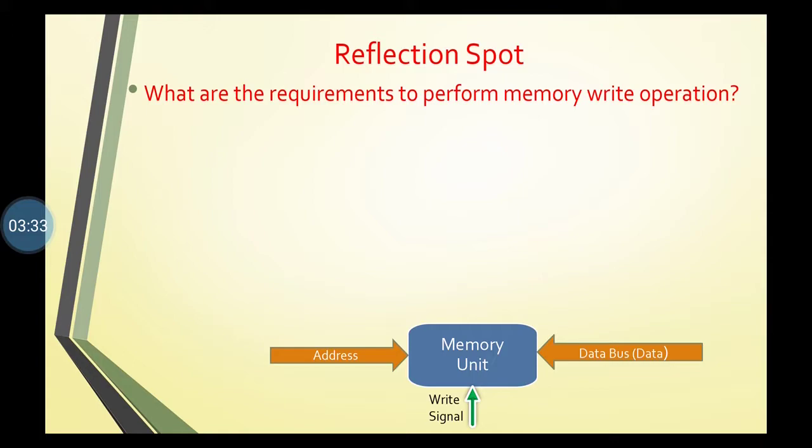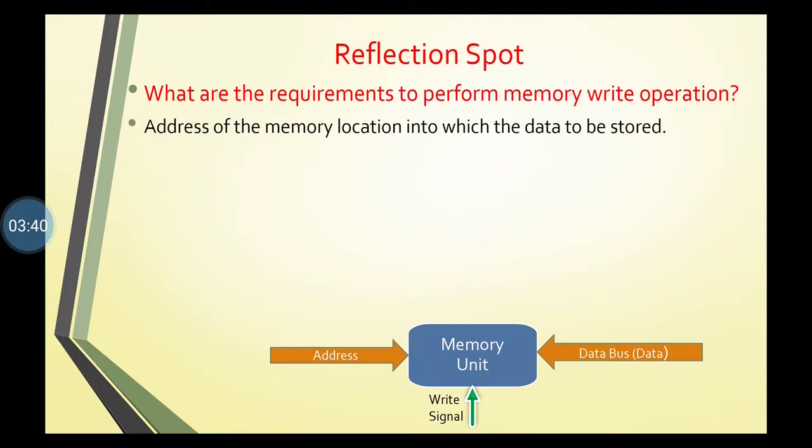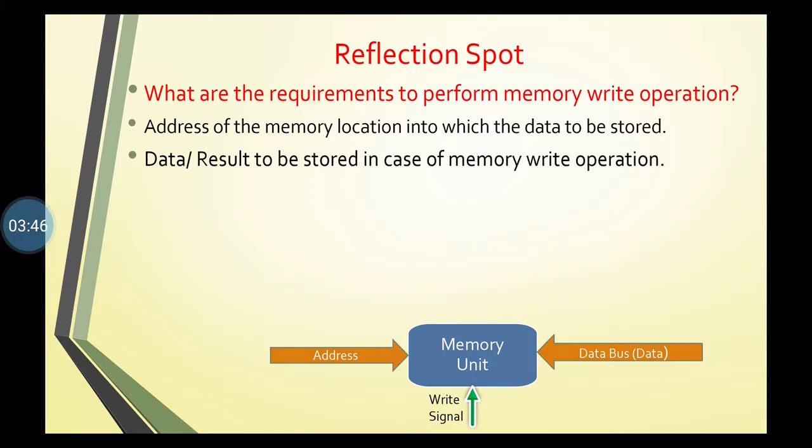Another question is, what are the requirements to perform memory write operation? Here also we require the address of the memory location into which the data is to be stored and the data to be stored onto the memory.